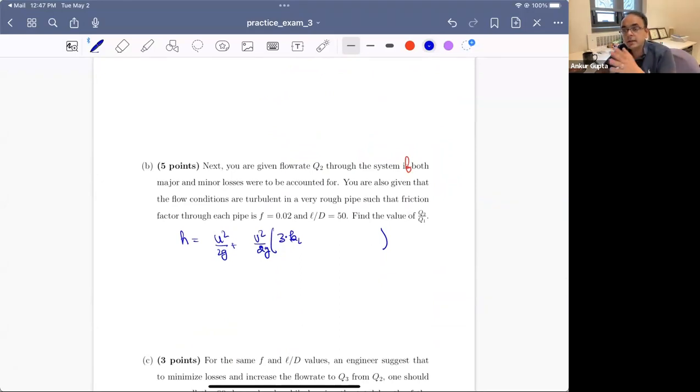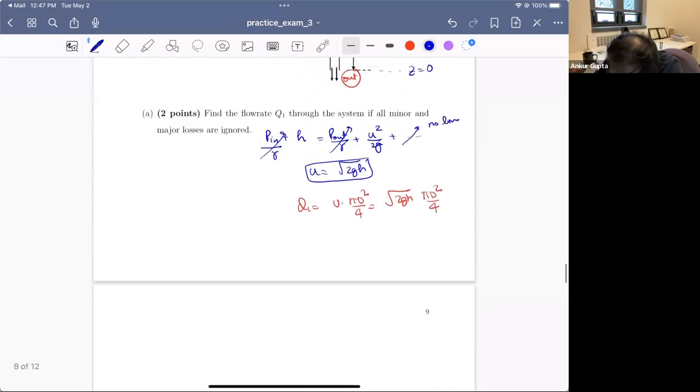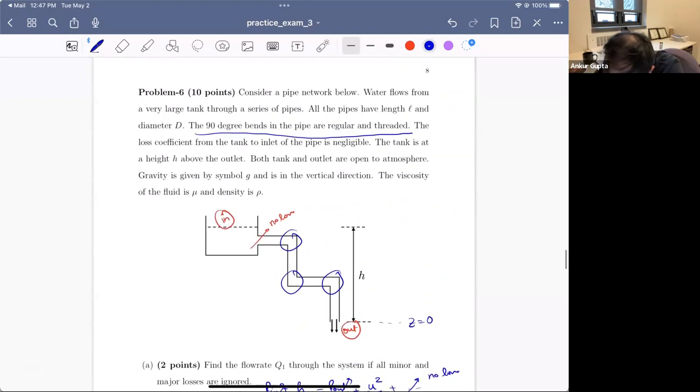So I have FL by D, U square by 2G plus FL by D, FL by D, FL by D. All the pipes are the same, F and L by D is the same. So you can simply say 3 times FL by D. So you essentially get U square by 2G into L by D is 50, 3 into the regular and threaded.